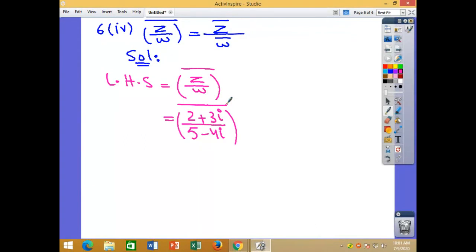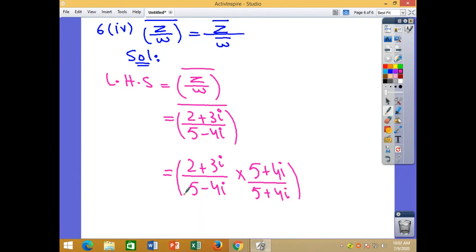For the left hand side, (Z over W) whole conjugate, we write the value of Z and the value of W. We know that when the complex number is in divisible form, we multiply it with its conjugate and divide with its conjugate. Here the next step is 2 plus 3 iota over 5 minus 4 iota, we multiply it with 5 plus 4 iota and divide by 5 plus 4 iota.